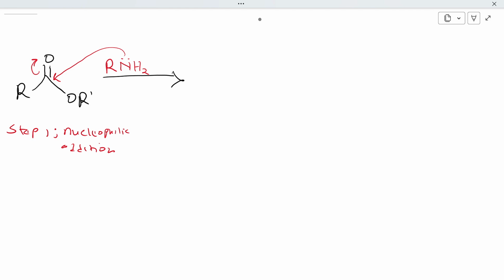And remember, oxygen has 2 lone pairs of electrons. So the substance that we are going to form at the end of the day is R, that is now opened, bonded to OR prime.